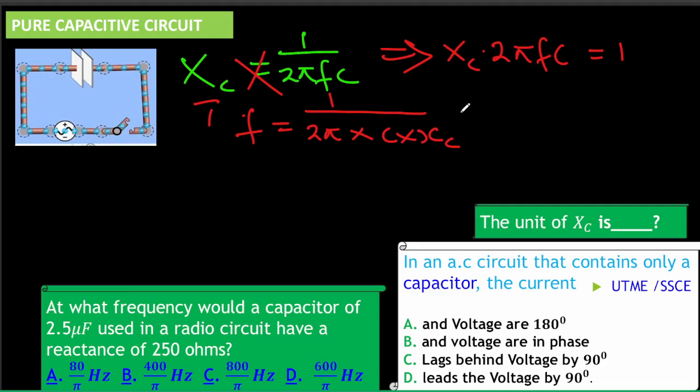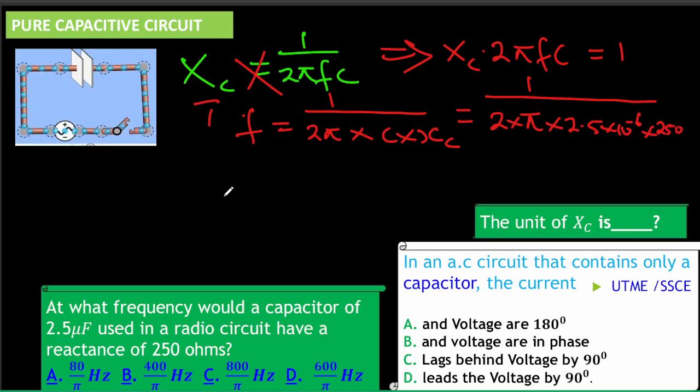So if I plug in the values, I will have 1 over 2 times pi times the capacitance, which is 2.5 times 10 raised to the power minus 6, times the capacitive reactance, which is 250.